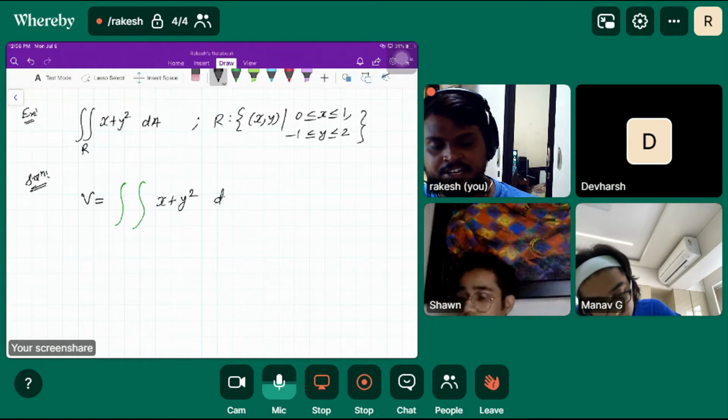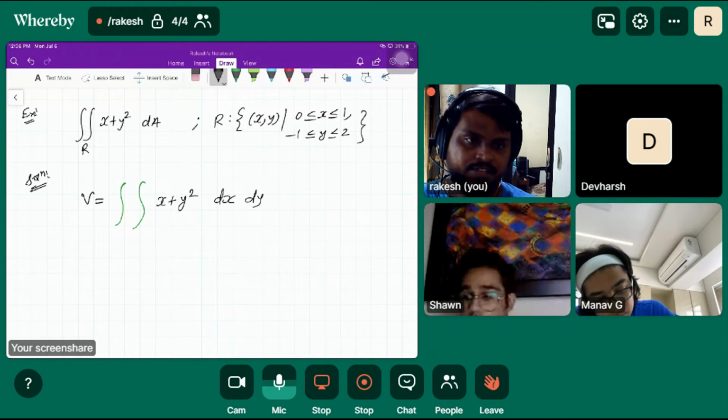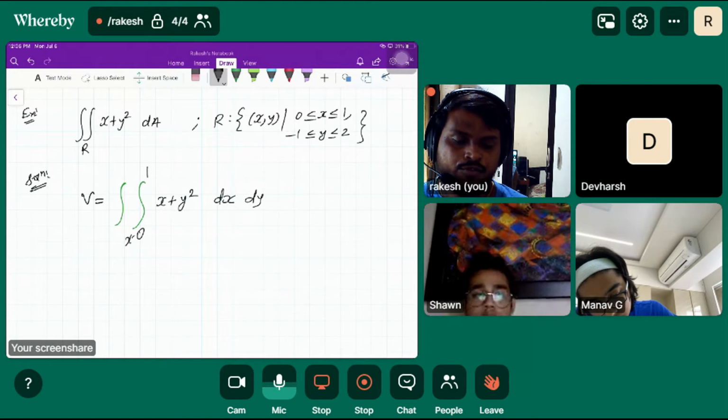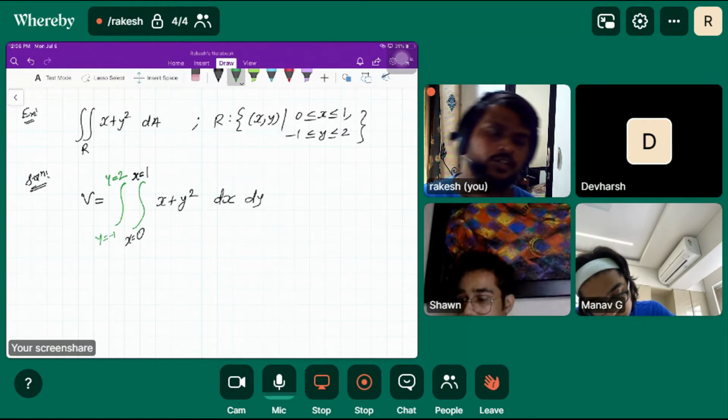See, if I write dx dy, then the limit of the first integral would be x is equal to 0 to x is equal to 1, and the limit of the second integral would be y is equal to -1 to y is equal to 2, right?